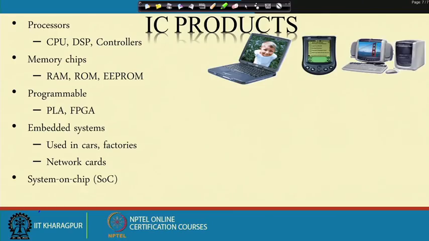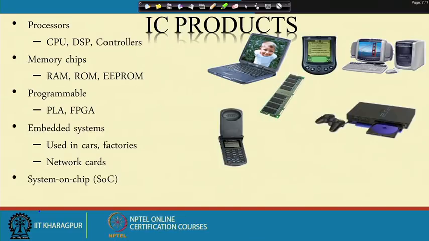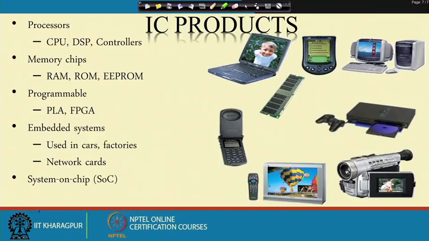If we see these IC products, you can find integrated circuits everywhere, like processors used in CPU, DSP, controllers. Then memory chips, that is RAM, ROM or electrically erasable PROMs, and programmable devices, which we will come to later in this lecture.